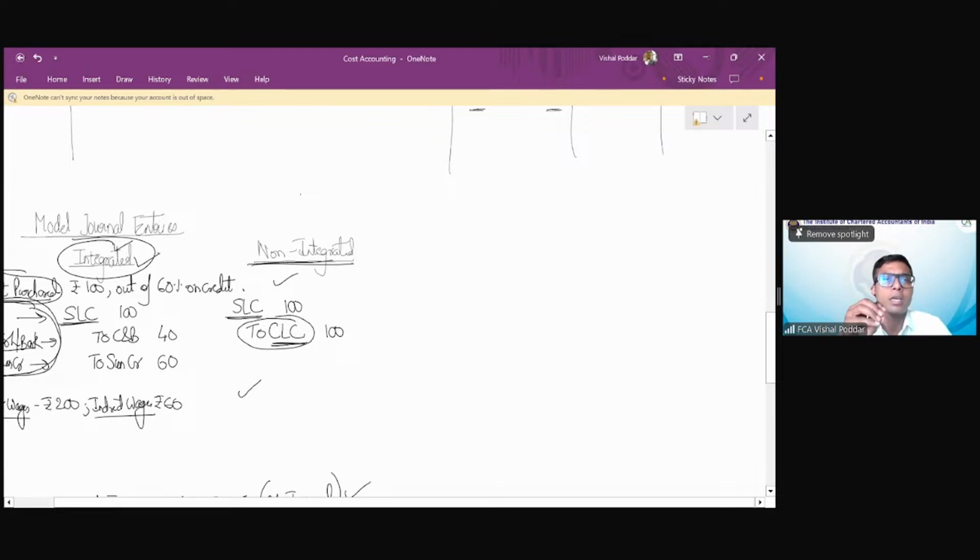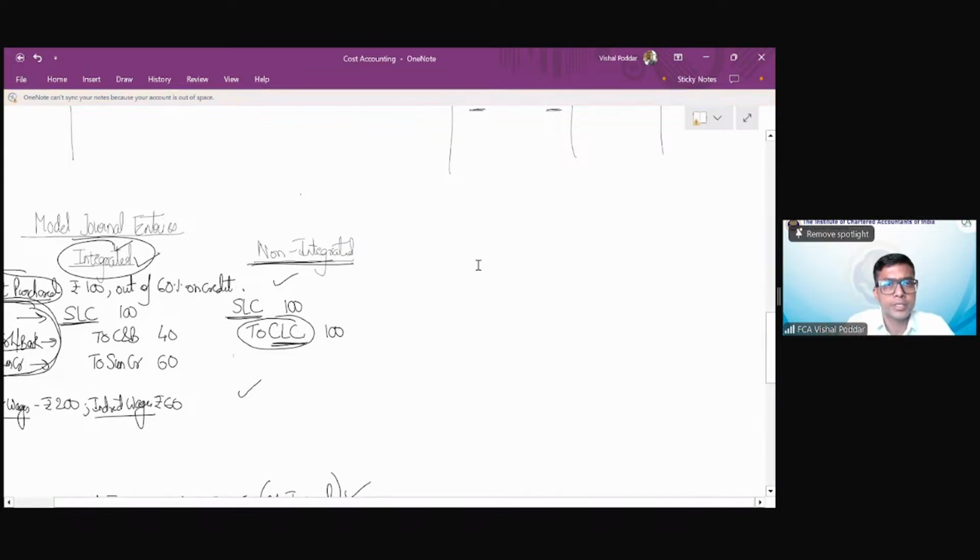I needed all the assets and liabilities accounts just to complete my double entry. But I'm not interested in knowing the balance of each of these assets and liabilities because that is not the objective of cost accounting. So cost accounting is happy with this particular common entry, right?